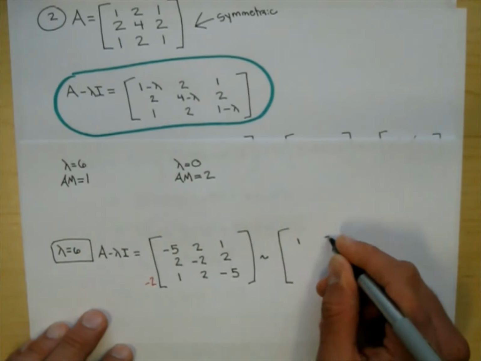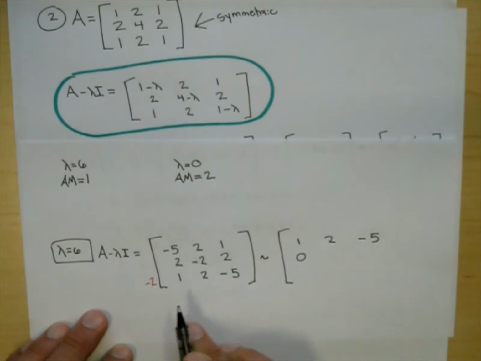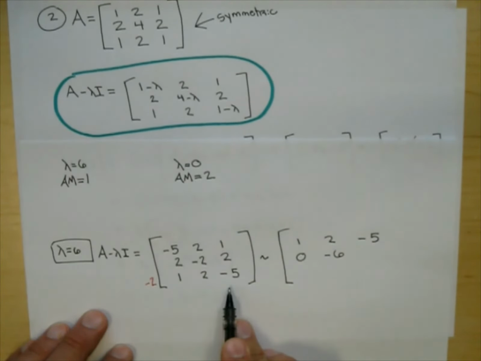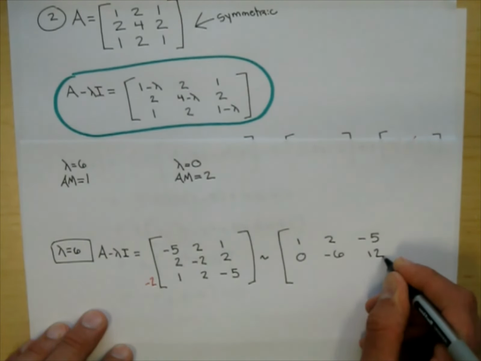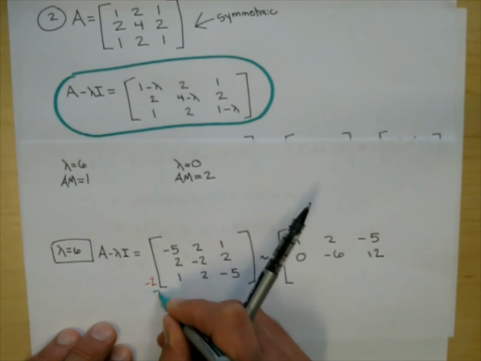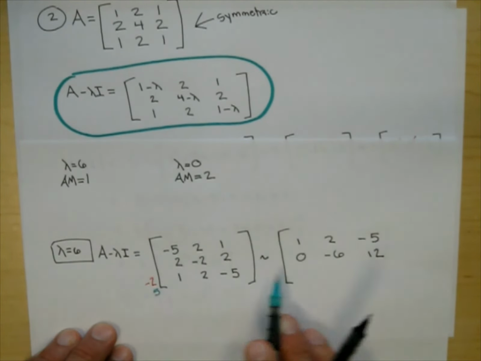So I have 1, 2, negative 5, and 0. This is going to give me negative 6, and then positive 10 plus 2 is 12. And then I'm going to multiply row 3 by 5, and that's going to become row 3.